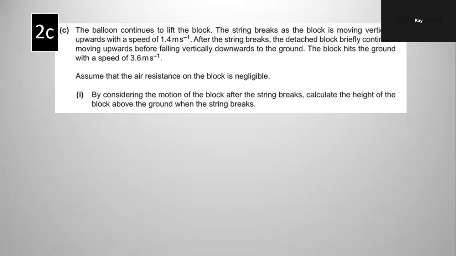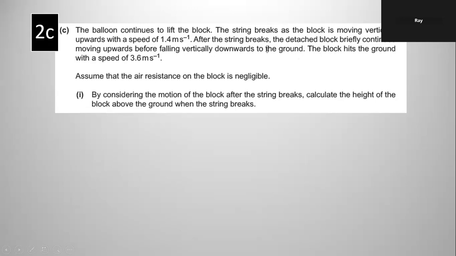The balloon continues to lift the block. The string breaks as the block is moving vertically upwards with a speed of 1.4 meter per second. After the string breaks, the detached block briefly continues moving upwards, then falls vertically downwards to the ground.